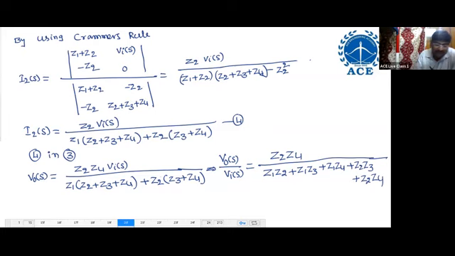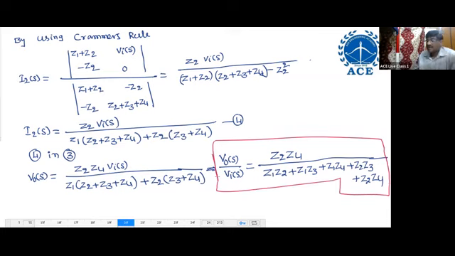This is the final transfer function. So remember this expression, so that we can directly substitute the Z1, Z2, Z3, Z4 values and write the transfer function.